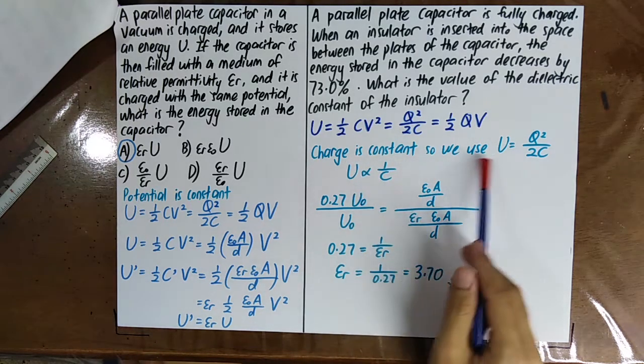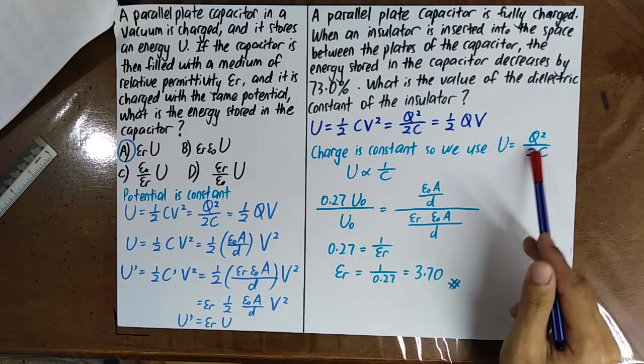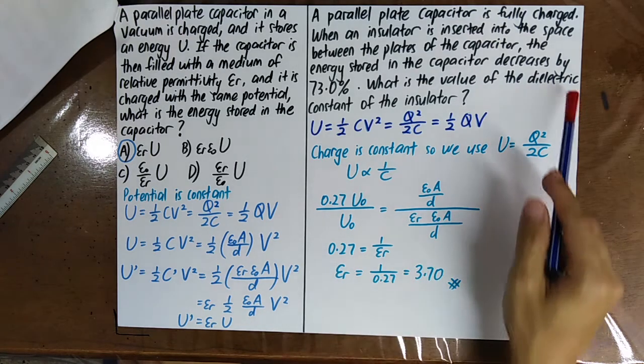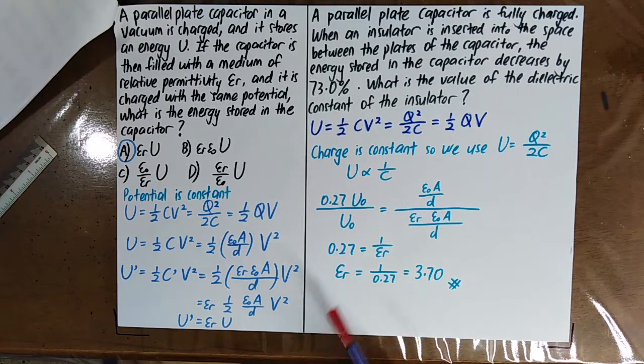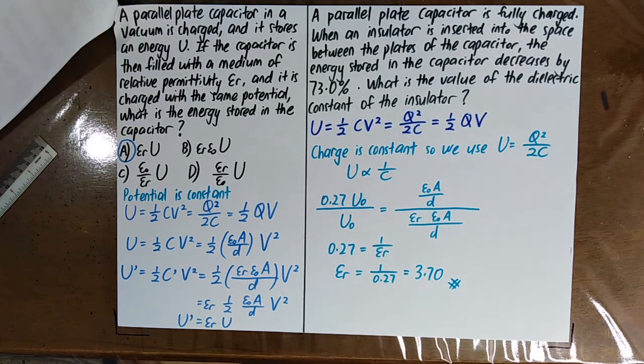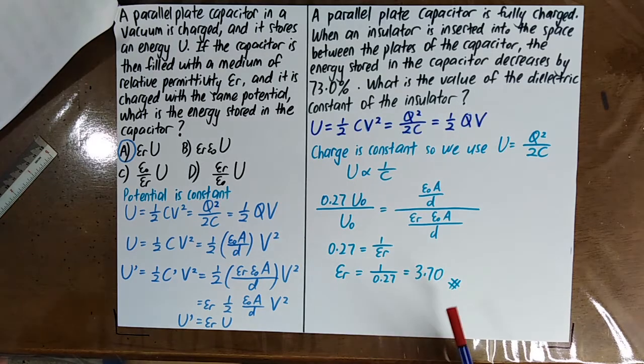So when Q is constant, U is inversely proportional to C. By using this formula, you can find the value of the dielectric constant. We also call the dielectric constant the relative permittivity of the medium, the relative permittivity of the dielectric itself.